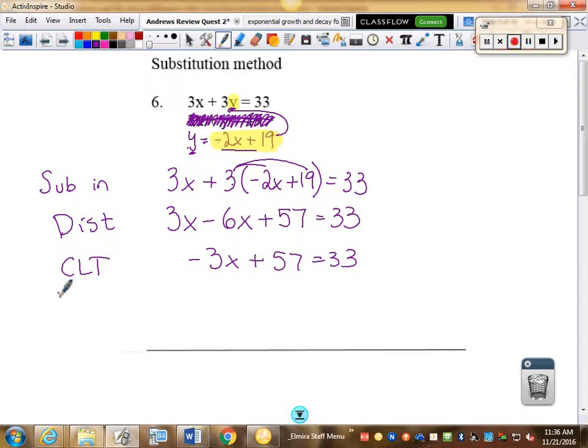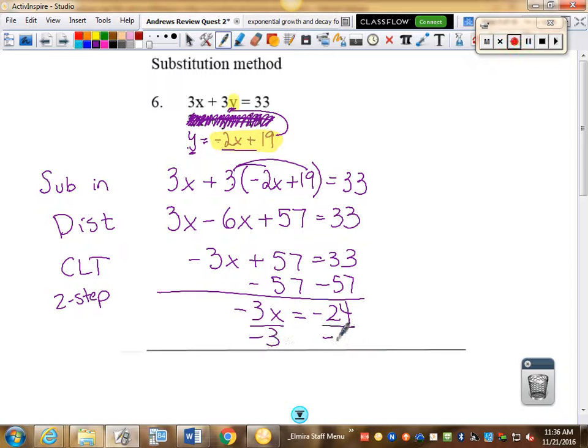And then a two-step. So minus 57 and divide by negative 3. And x equals 8.